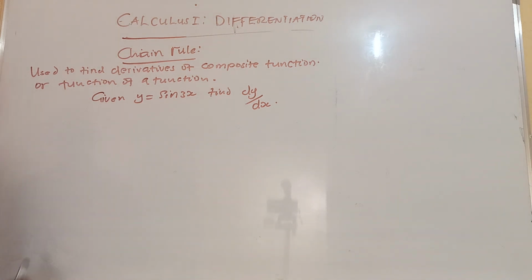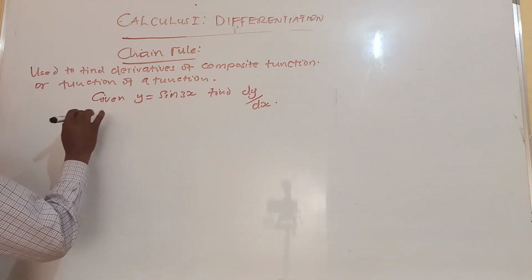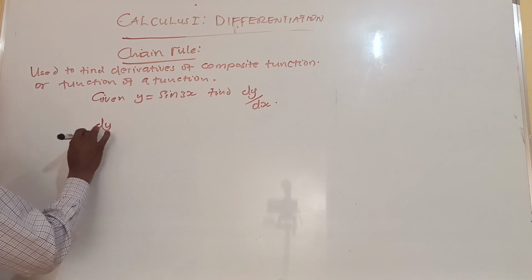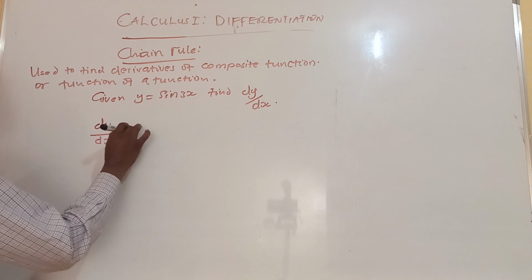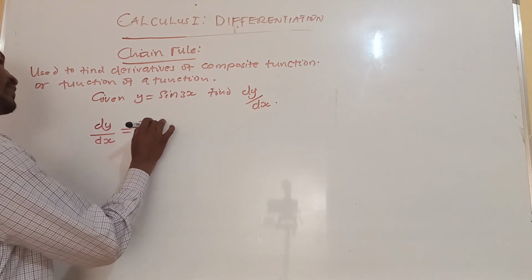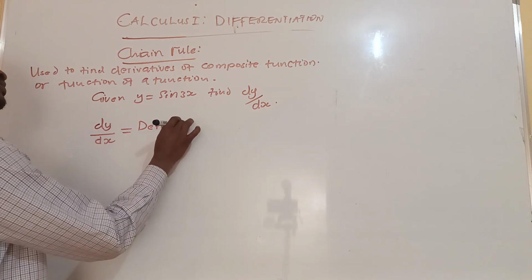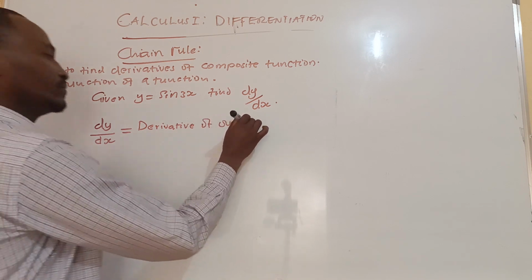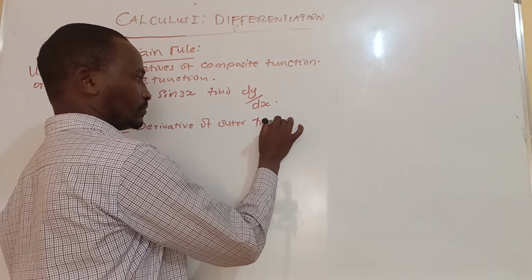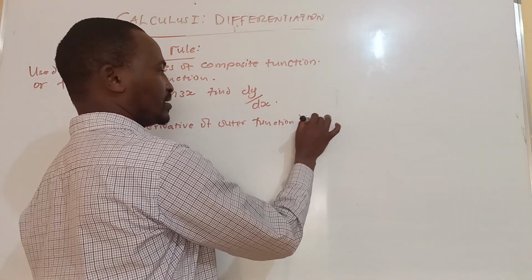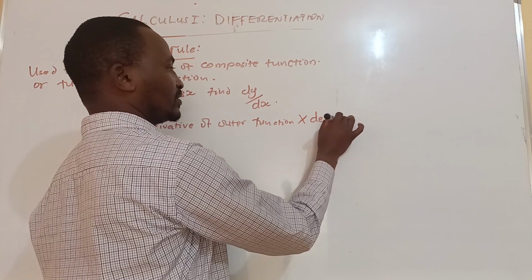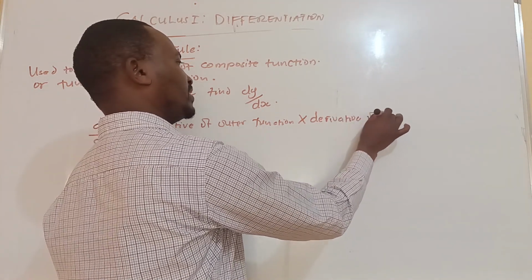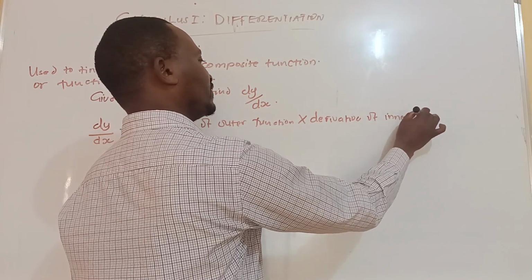Now, if that's the case, dy dx will be equal to the derivative of the outer function times the derivative of the inner function.